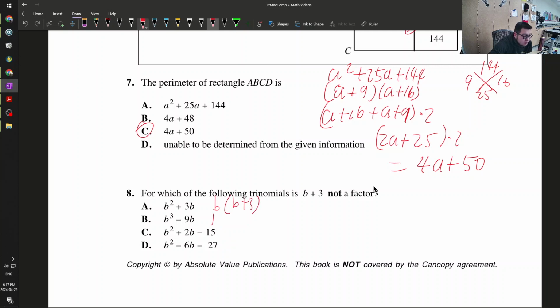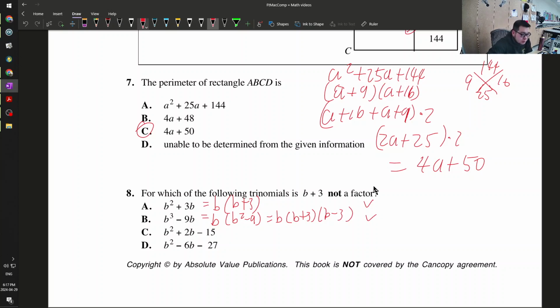Second one, common factor b times b squared minus 9. Now we have a difference of squares, b times b plus 3 times b minus 3. So this one checks out.